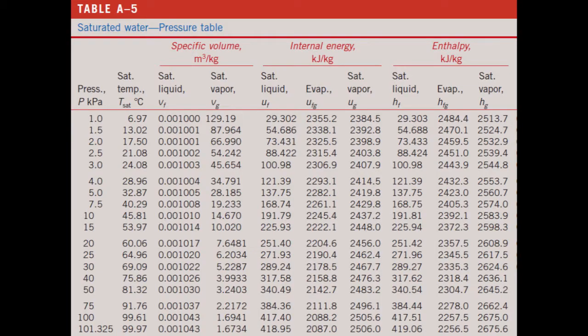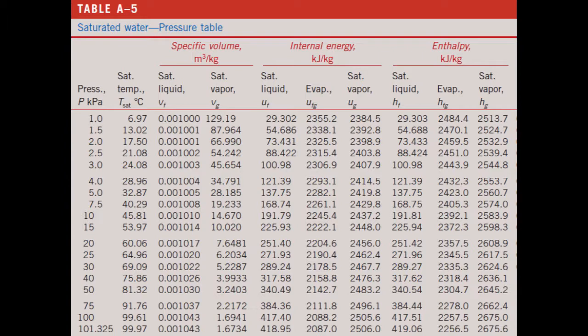We're going to go to a different steam table this time. This is saturated water, and we know that our pressure is the atmospheric pressure because we're told that the valve gets released into the atmosphere. So atmospheric pressure in kilopascals is 101.325 kilopascals, which you can see on the bottom of the table here.